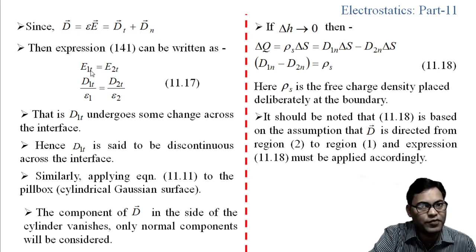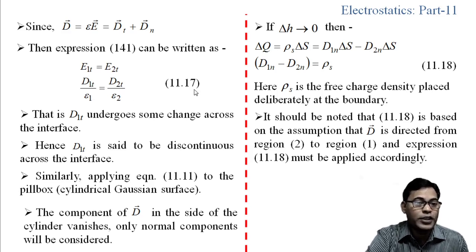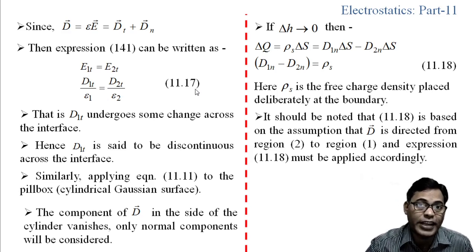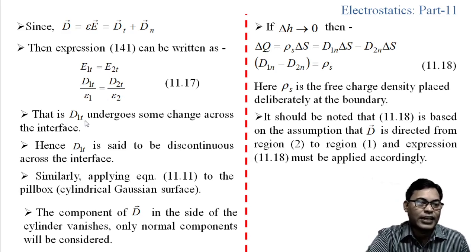Now we have just derived E1t equals E2t. So here you see that E1t can be replaced by D1t by epsilon 1, equals D2t by epsilon 2. From this expression 17, the information we get is that D1t undergoes some change across the interface, because D1t is not equal to D2t. Why? Because epsilon 1 and epsilon 2 are not the same.